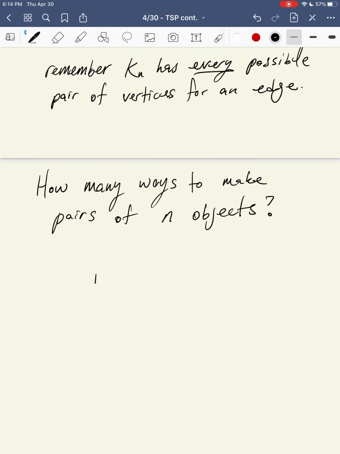Well, we have n options for the first object in the pair. And then once we've got that one, because we can't pair it up with the same vertex, we have n minus 1 options for the second object. So that's going to make our pair.